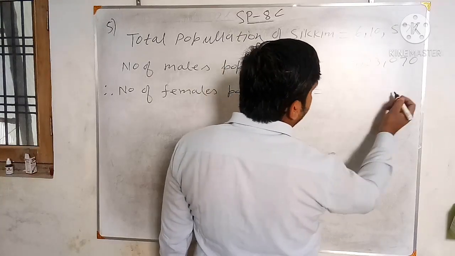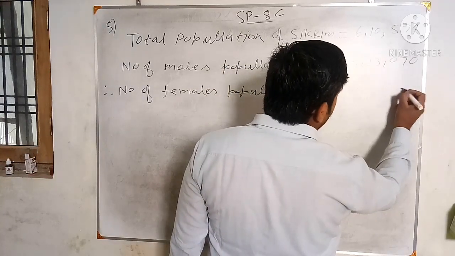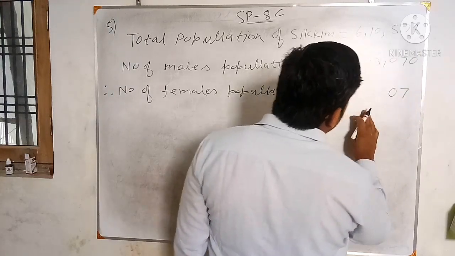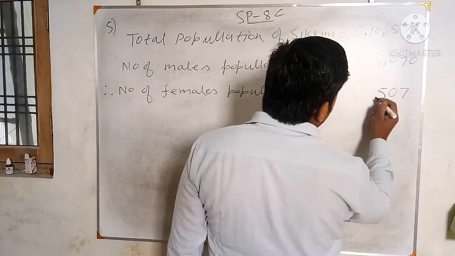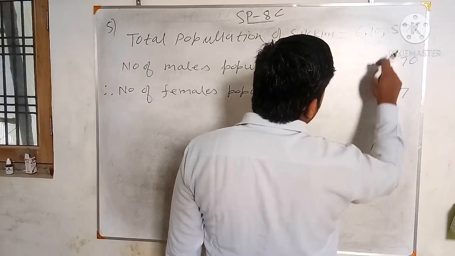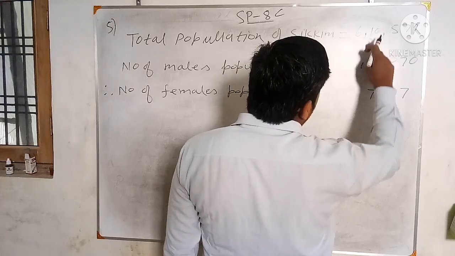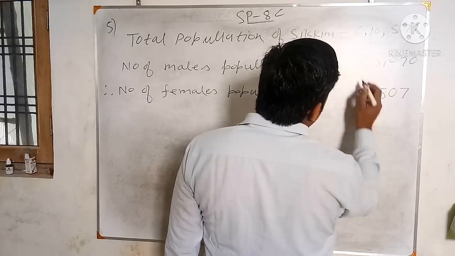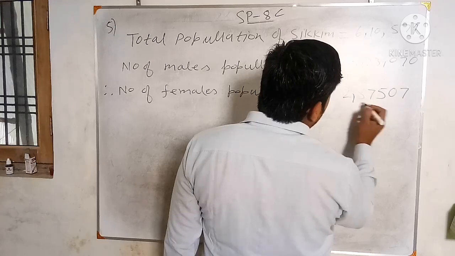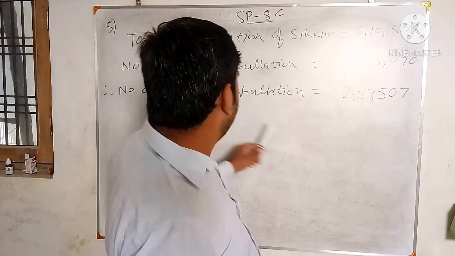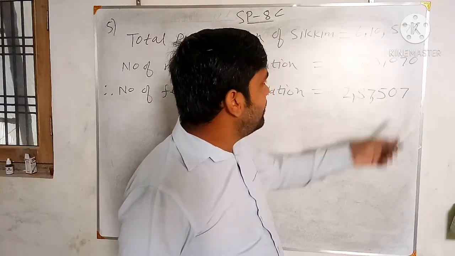So what you get, see: 7 minus 0 gives you 7, 7 minus 7 gives you 0, 5 minus 0 gives you 5, 10 minus 3 gives you 7, and here again 10 minus 2 gives you 8, 5 minus 3 gives you 2. 2,87,507. So the number of females is 2,87,507.